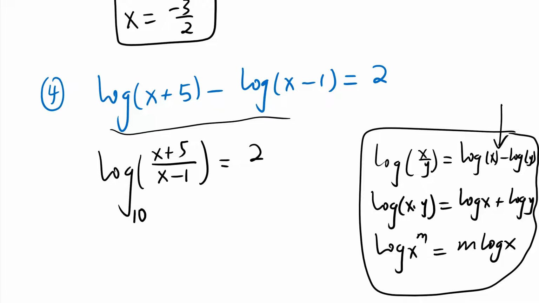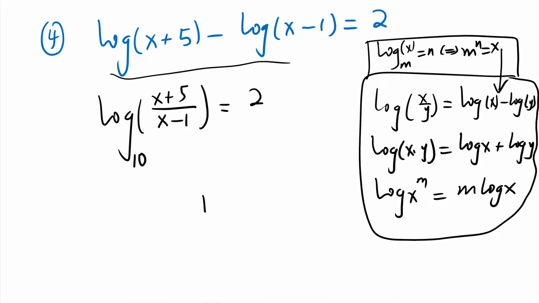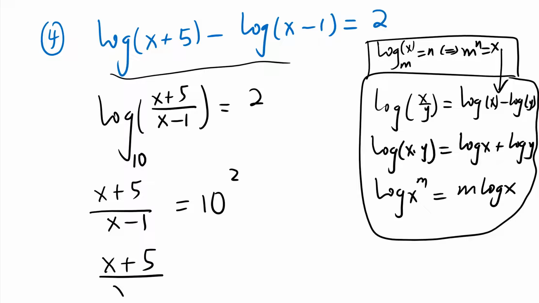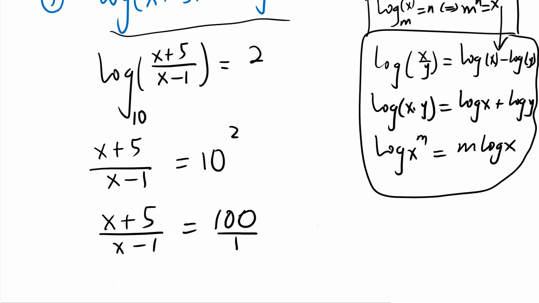And also, the main definition of log says log x base m is n, equivalent to saying m to the n is x. So this means 10 to the second power is (x plus 5) over (x minus 1). Keep this the same. 100 over 1.